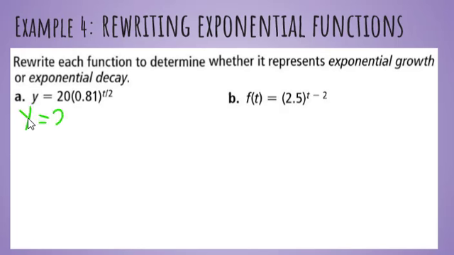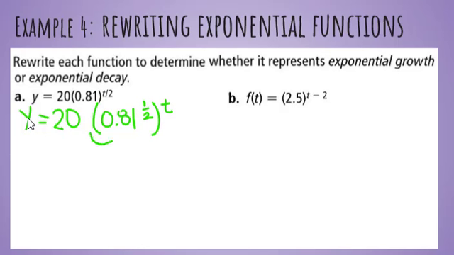So we have y equals 20 times 0.81, and I'm going to bring this 1/2 power on the inside of my parentheses to the t power. If you remember, the power to a power property means you multiply these exponents. So 1/2 times t would be t over 2.